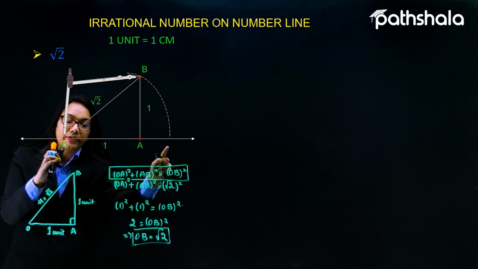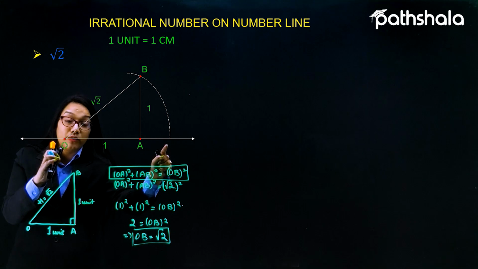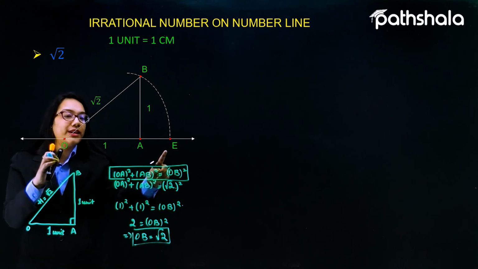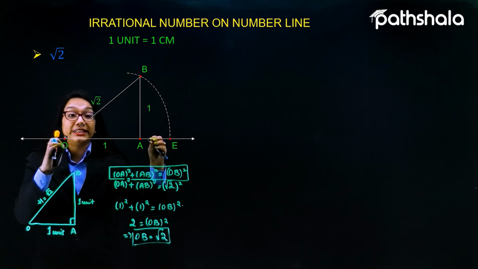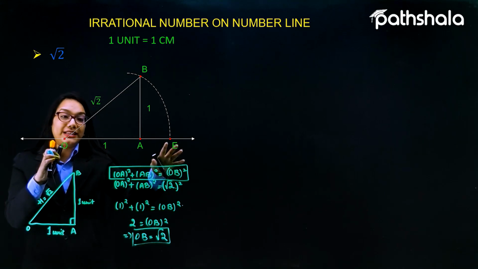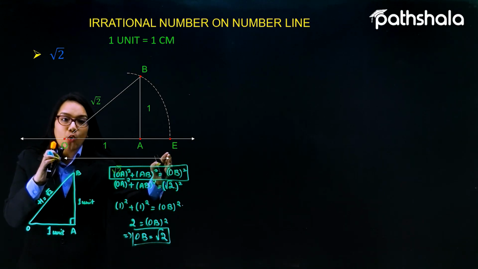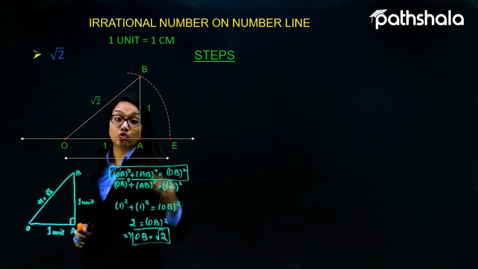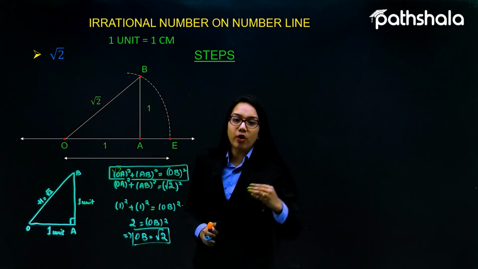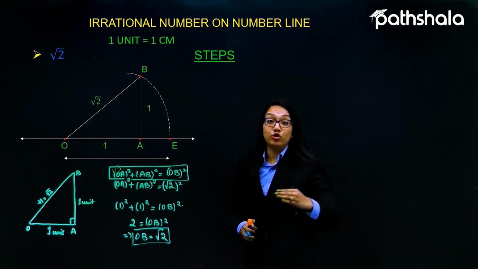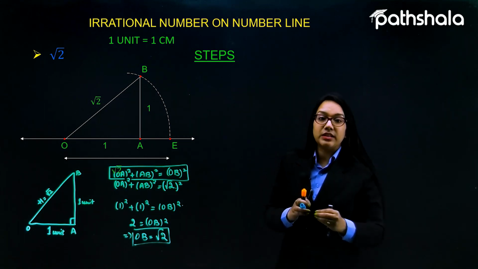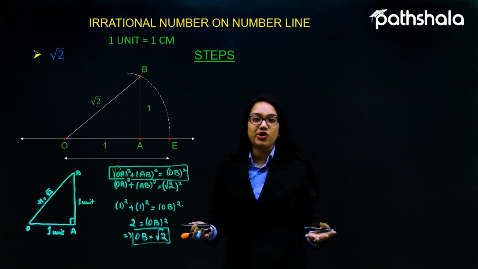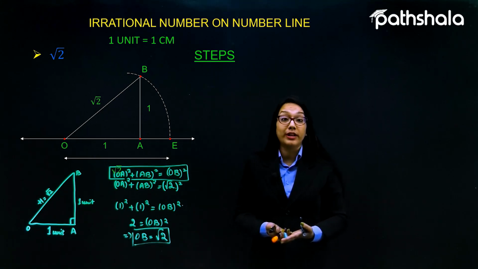Let us suppose it is intersecting the number line at this particular point; I'm calling this point E. So this distance OE is actually nothing but root 2. This is the whole representation of the irrational number on the number line.